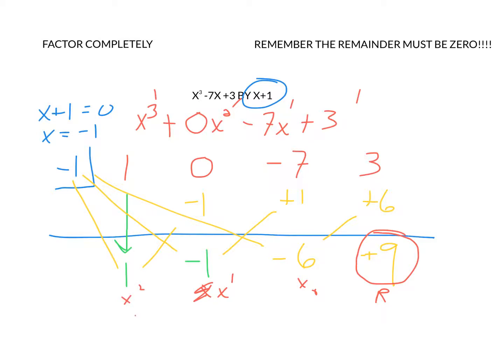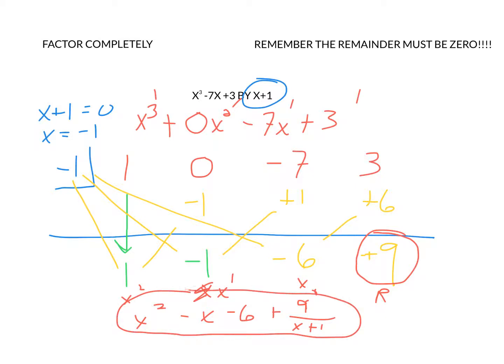So we would just say x squared minus x minus 6 plus our remainder of 9 over the divisor of x plus 1, if we were just dividing this. Now, in this case, because the direction said to factor, we can't factor this given just x plus 1. So we would be done.